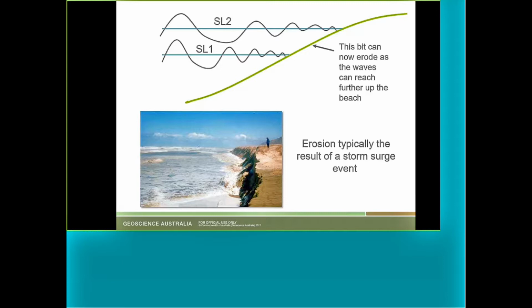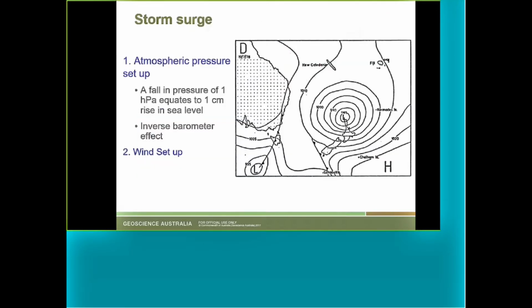And this shows in schematic terms, in very simple terms, what happens to a beach during a storm event when storm surge leads to the elevation of the sea level. So in that top part of the diagram, you go from sea level 1 to sea level 2. And that is driven by two key processes. One thing we call atmospheric pressure setup, that is combined with wind setup.